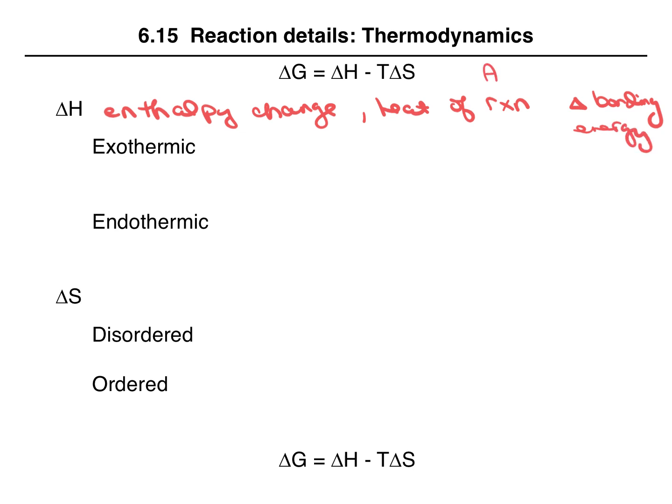So when we're going from A plus B to form C plus D, we have to break certain bonds in A and B, and we have to form certain bonds in C and D. And so the bond breaking, bond forming, that difference in energy is what determines the heat of reaction, or the delta H. For an exothermic reaction, this means we have a negative delta H. The products are more stable.